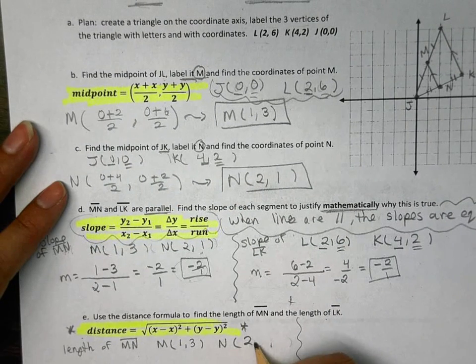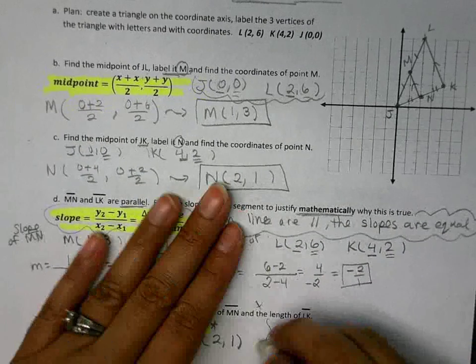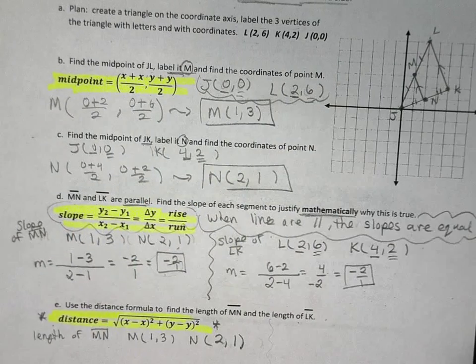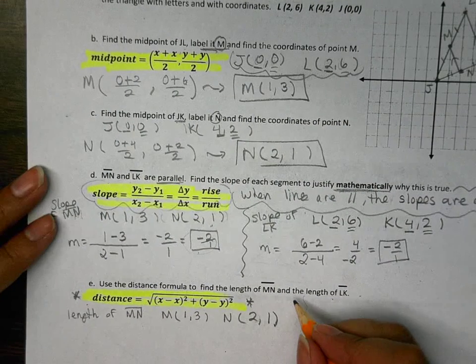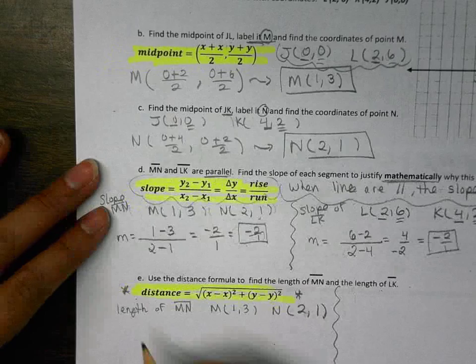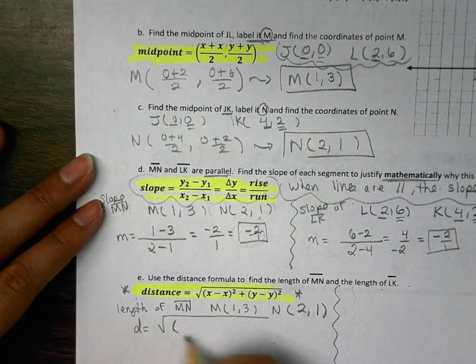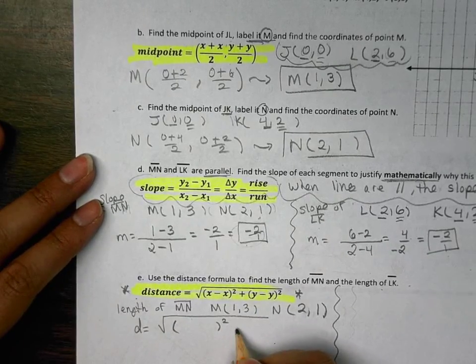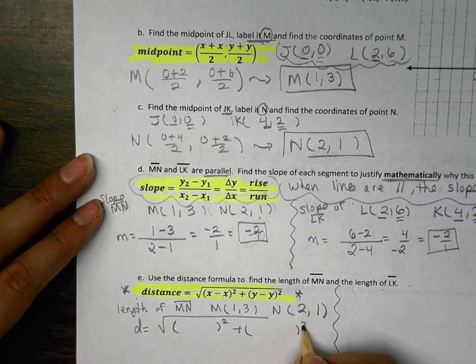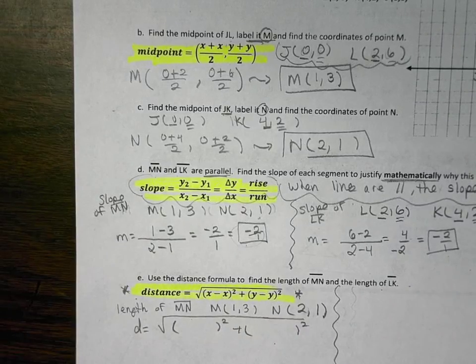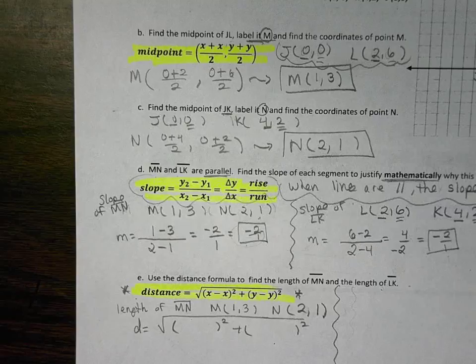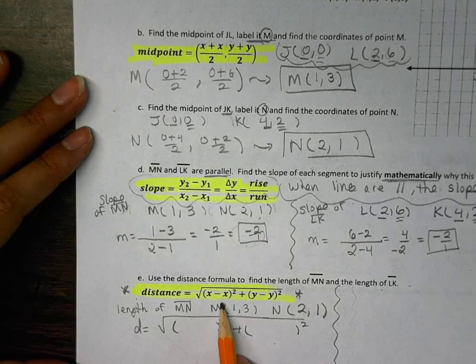How many of you guys remember using the distance formula in your last year's math class? Yes? Okay. So, you do D for distance equals the square root of, I like to just set up the skeleton, quantity squared plus quantity squared, and then I fill in all the meaty pieces after. All right, so here is x minus x. It doesn't matter the order.